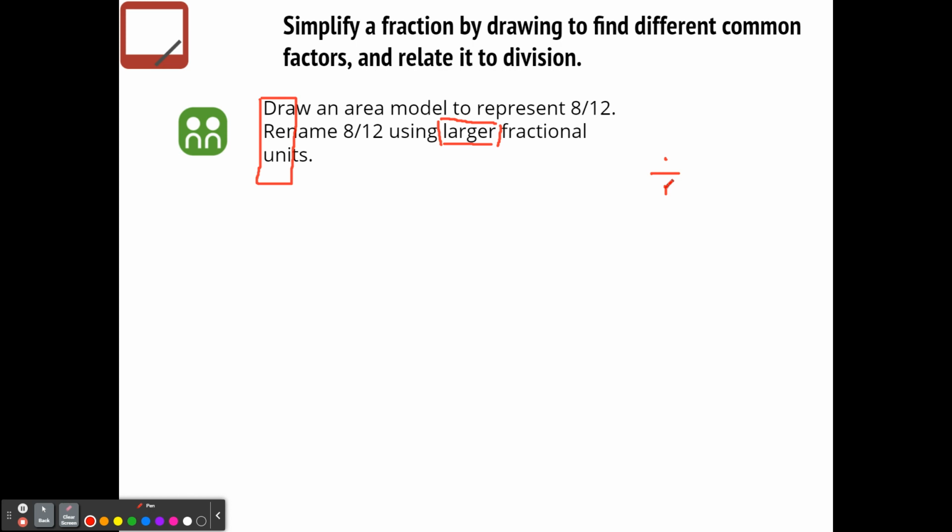Our pieces are getting larger, we are dividing. So pause the video, press play when you're ready. I want you to draw an area model to represent 8/12. Then rename 8/12 using a larger fractional unit, meaning divide 8/12 and simplify the fraction. Find the equivalent fraction using division. Pause the video, press play when you're ready.